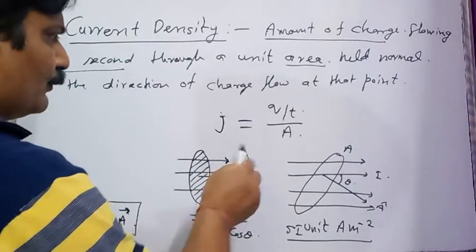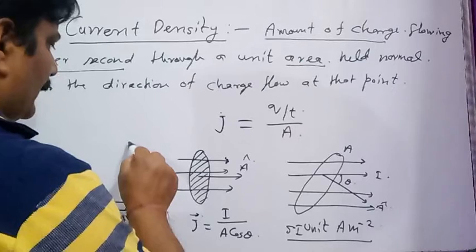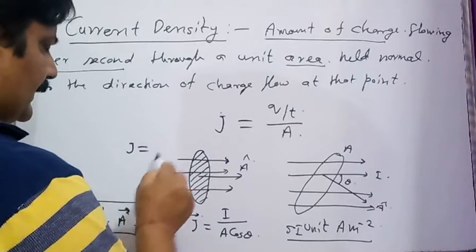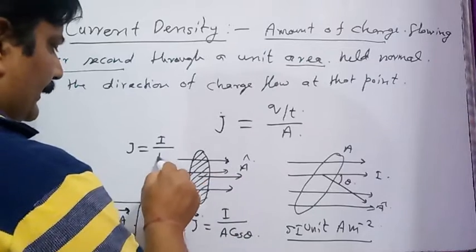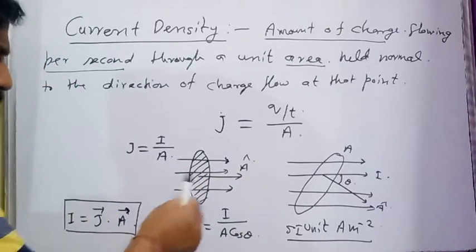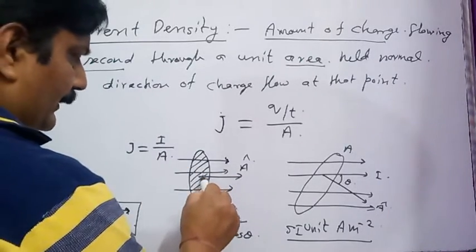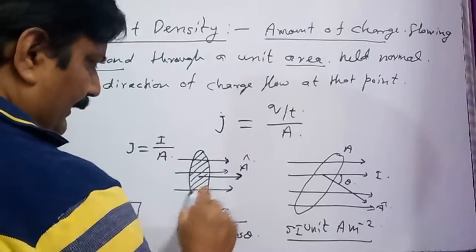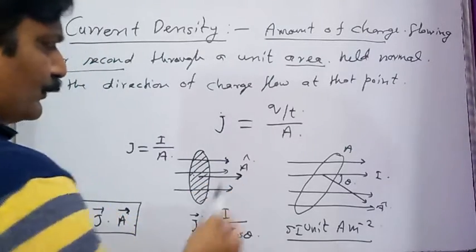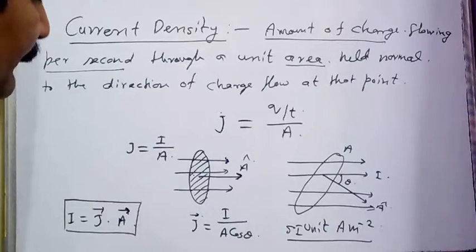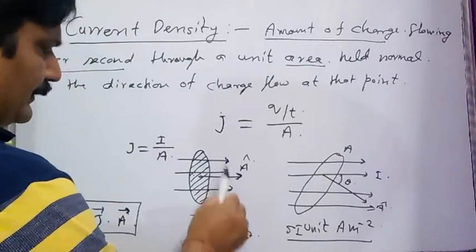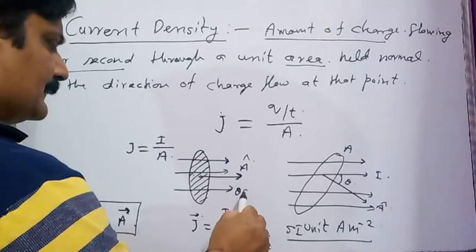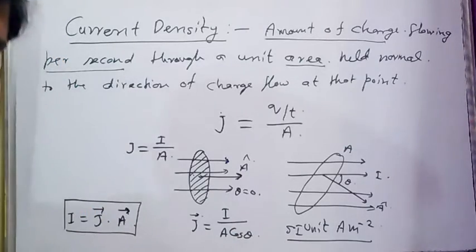In this case, what is going to be the value of current density? That can be written as J is equal to current flowing divided by area of cross section, as the value of theta, the angle between the area vector A and the direction of current flow, is 0, since both are similar.